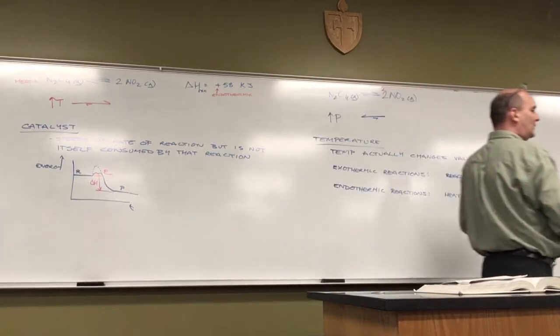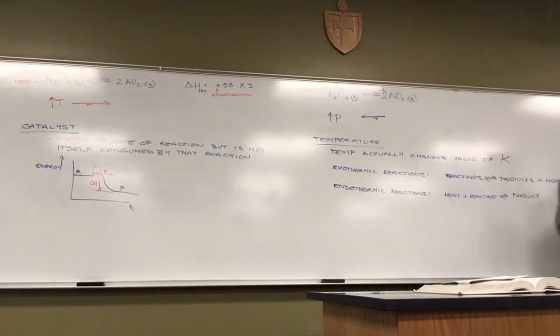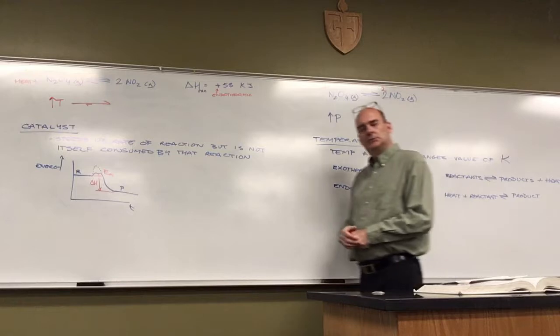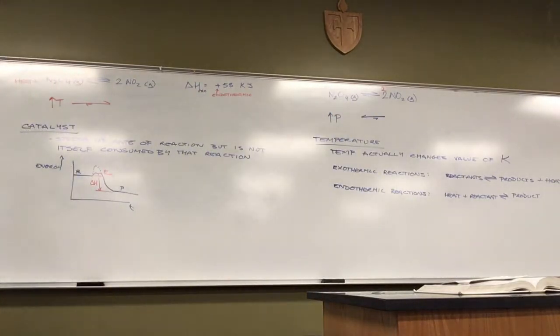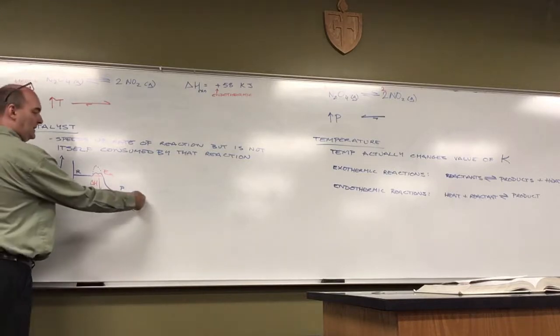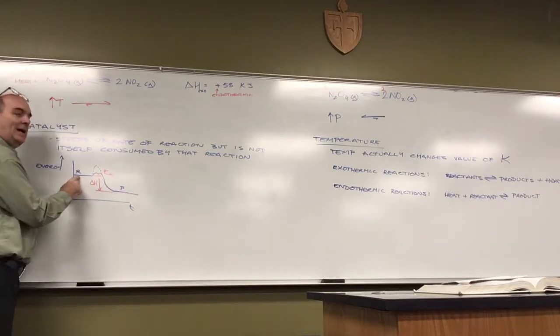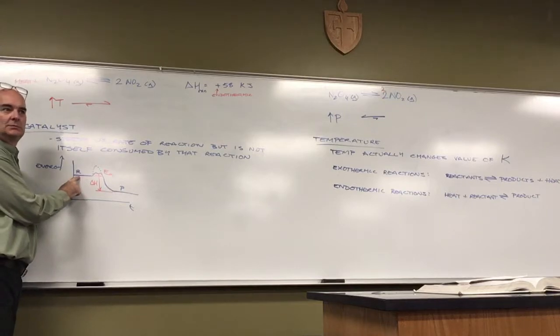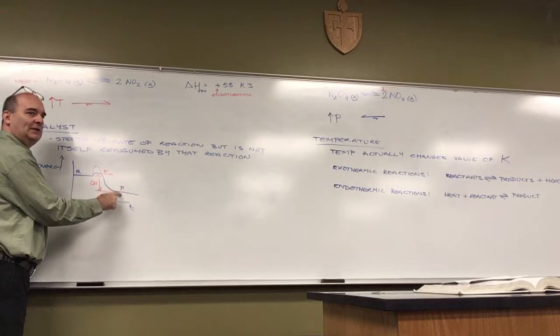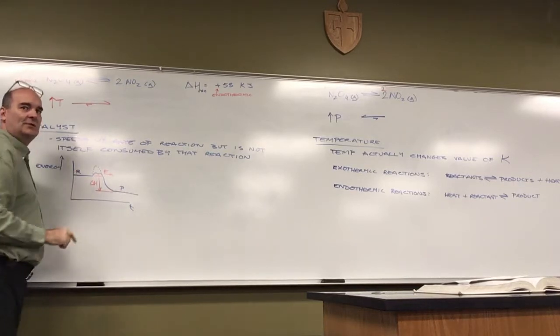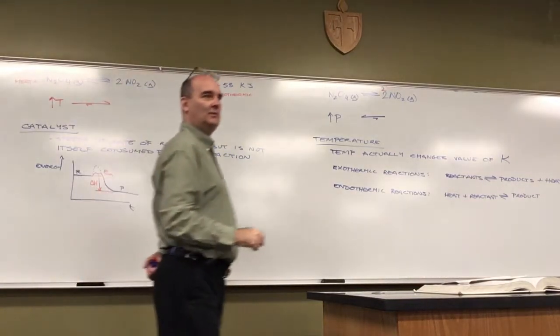Does that make the reaction from left to right go better? Yes. Does it make the reaction from right to left go better? Is it now easier for product to turn back into reactants? Yeah. It's easier for reactants to turn into product, and easier for product to turn back into reactant. What have they achieved?